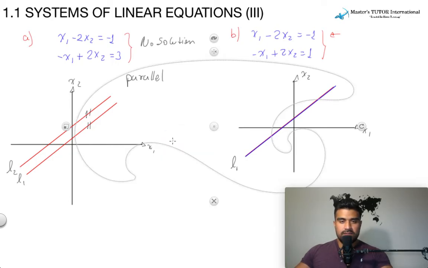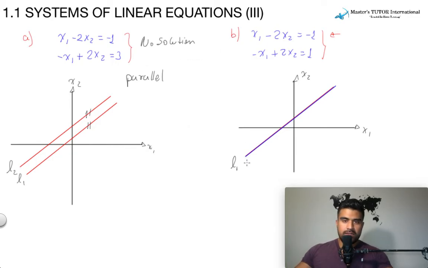This is L2. They are just the same line represented by similar linear equations. So this linear system is intersected at every point, because the lines are in the same place.